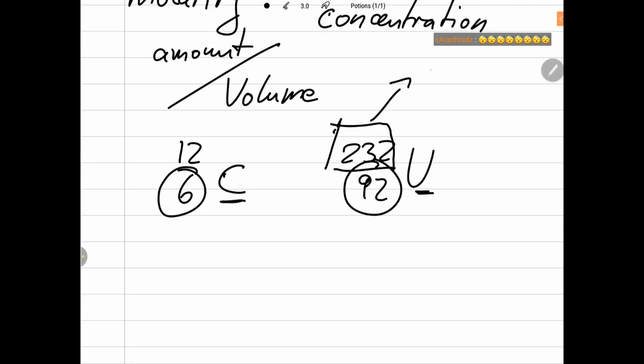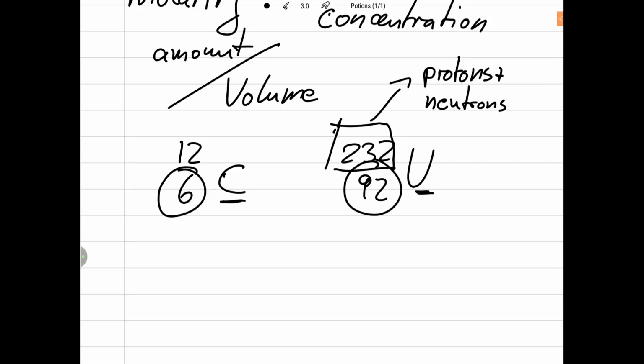So this is the number of protons plus neutrons, taken together. How many neutrons does this particular isotope of uranium have? About 140 neutrons. So this guy has 92 protons and 140 neutrons. And together it gives us 232.